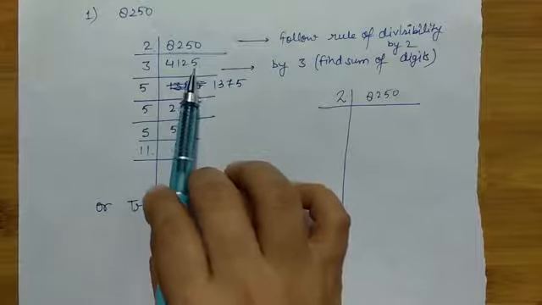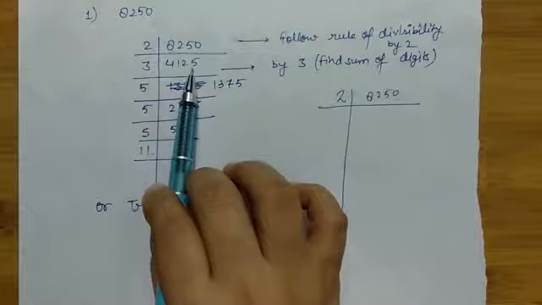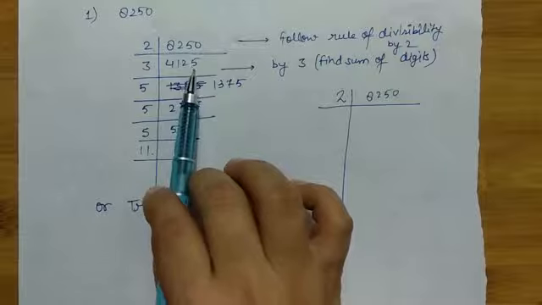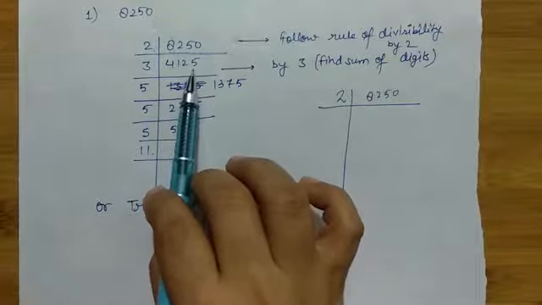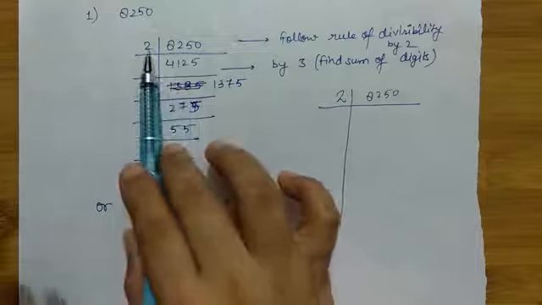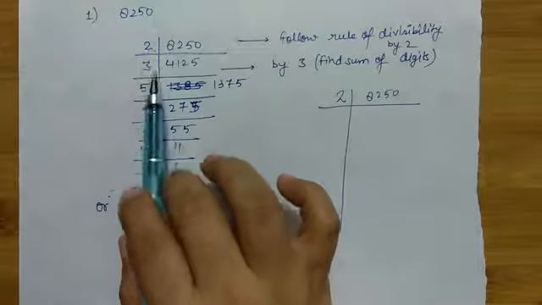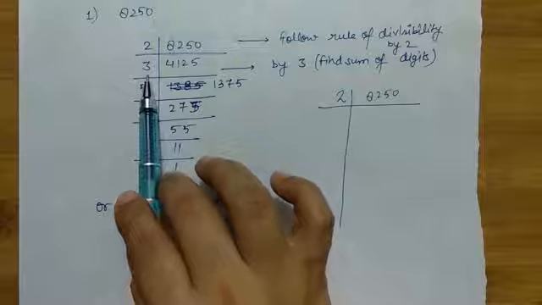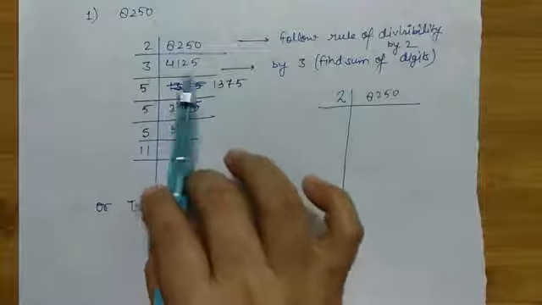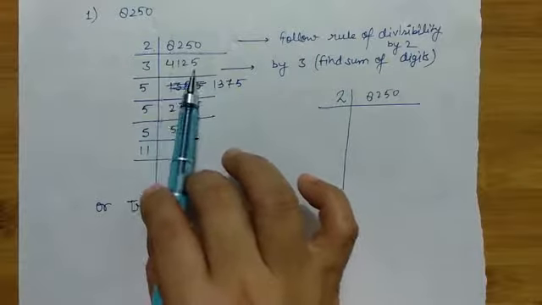Now we can see the last digit is 5, which is not even, so further it cannot be divisible by 2. So we will leave the prime number 2 and move on. We got 3 as the next prime number. Now we will check whether 14125 is divisible by 3 or not.